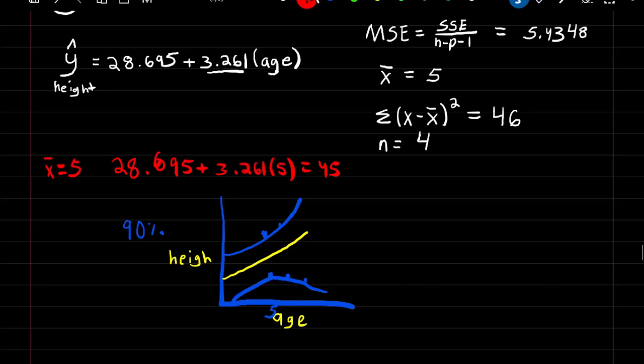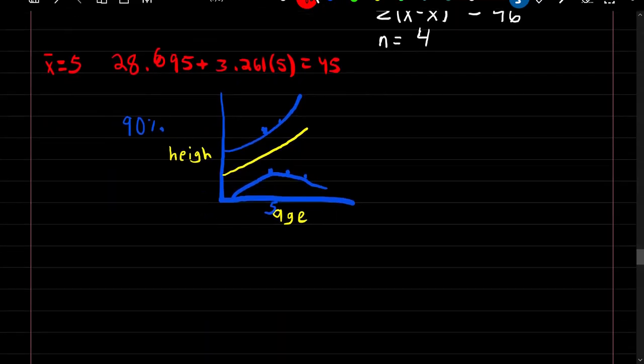Now a prediction interval, the only difference is that with a confidence interval we're taking the mean. So it's saying that for everybody age 5, their average height falls within this range. A prediction interval is about one observation.